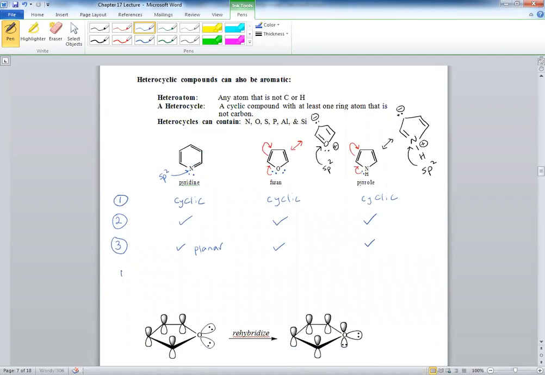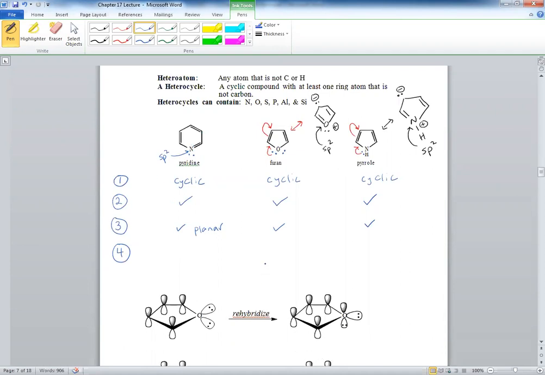And then four, which we will need the help of the representations below, is how many pi electrons are there in each system. And the way to look at that is to, of course, use some help from the representations below. So if we look at pyridine, we have 6 pi electrons.